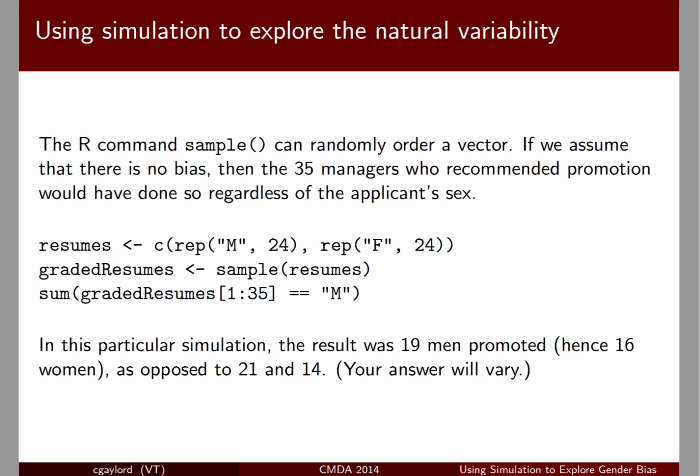So in R, we can have a list of the 24 males and 24 females. The sample function will shuffle a vector. And so then we'll have the 48 M's and F's shuffled again, and let's say the first 35 of them are the managers that in fact indicate the candidate is worthy of promotion.